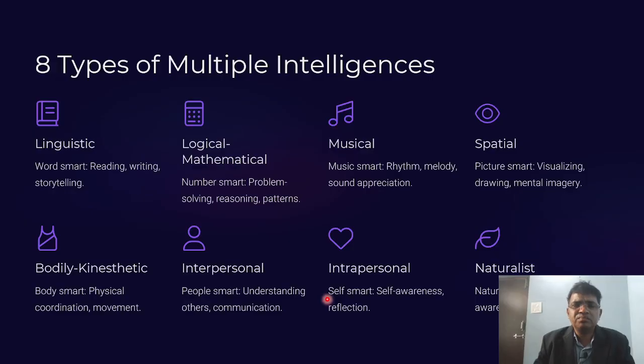Spatial: picture smart, visualizing, drawing, mental imagery. Bodily-kinesthetic: body smart, physical coordination, movement. Interpersonal: people smart, understanding others, communication. Intrapersonal: self smart, self-awareness, reflection. Naturalist: nature smart, environmental awareness, classification.